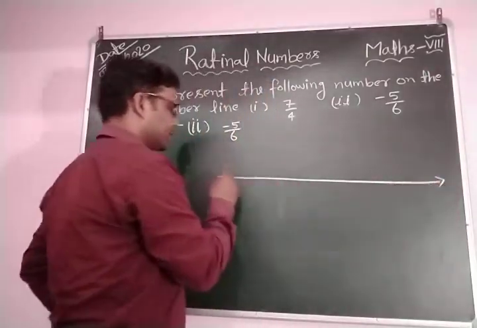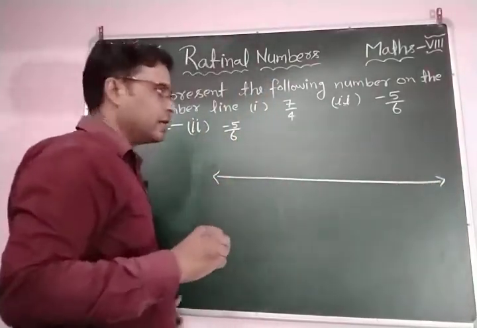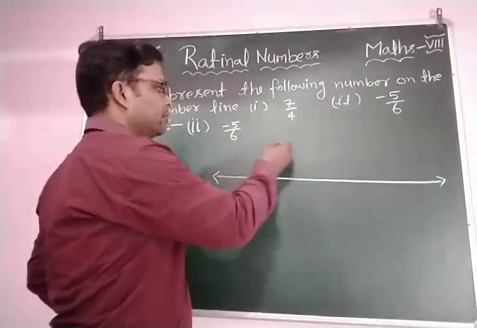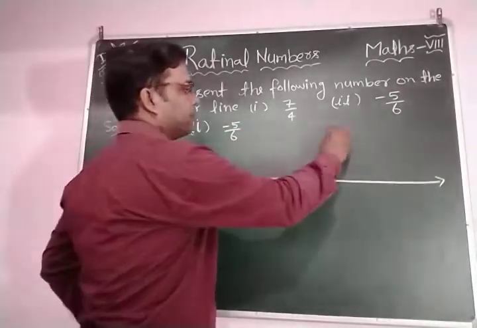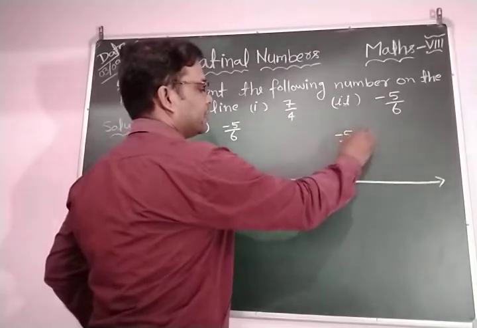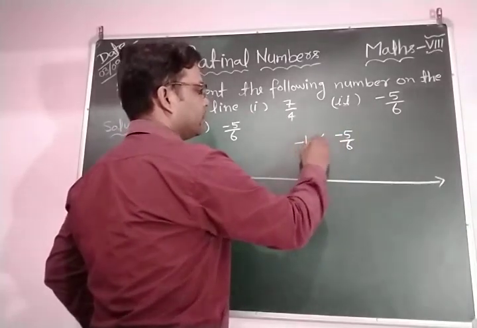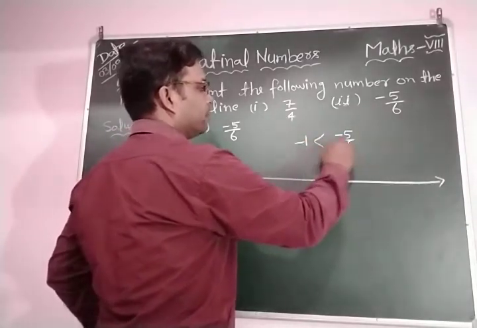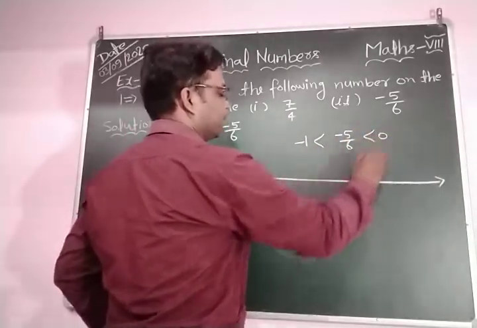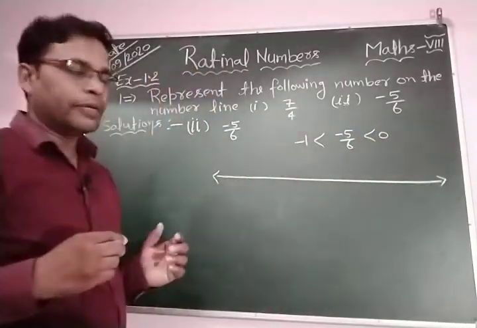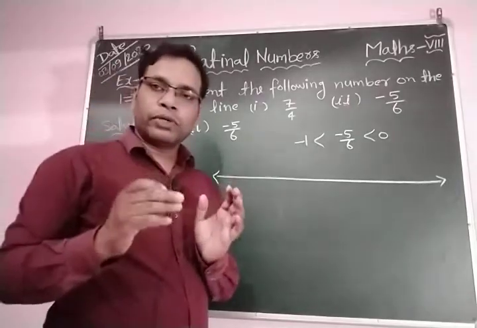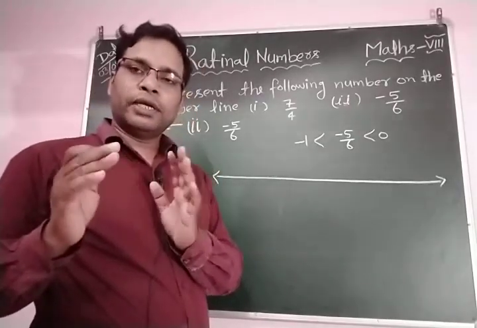You can see this is a line, and this number minus 5 by 6 is less than minus 1, sorry, greater than minus 1 but less than 0. Okay, so minus 5 by 6 lies between minus 1 and 0.